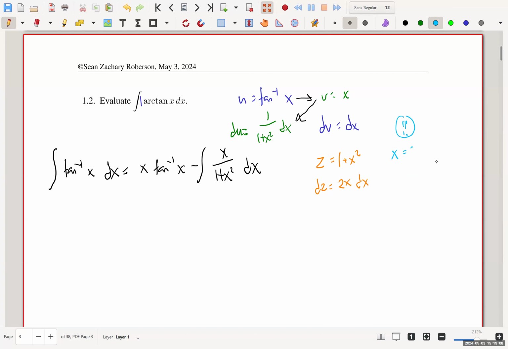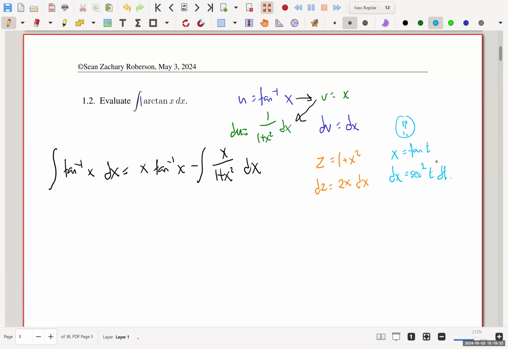x equals sine t. Sorry, not sine t. x equals tangent t. So dx is secant squared t dt. Okay, derivative of tangent is secant squared. I know you're probably used to using the variable name theta in this case, but you can use whatever variable name you want.